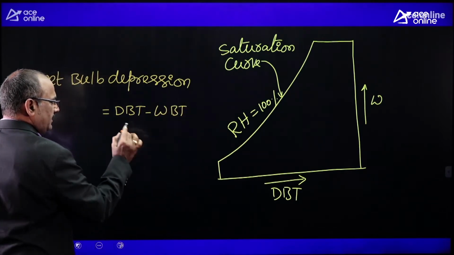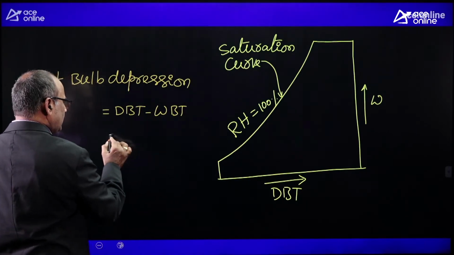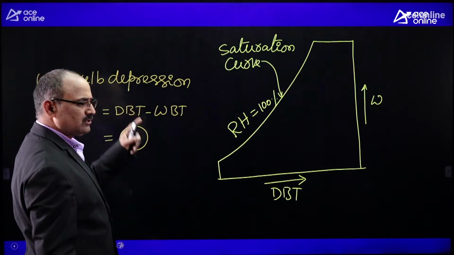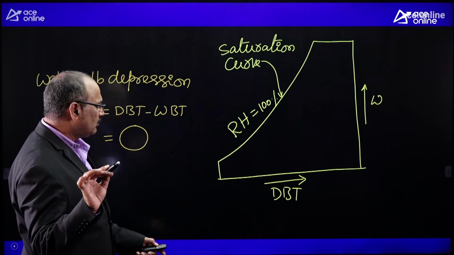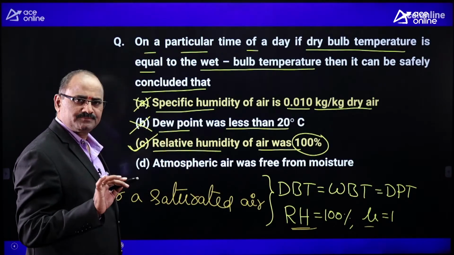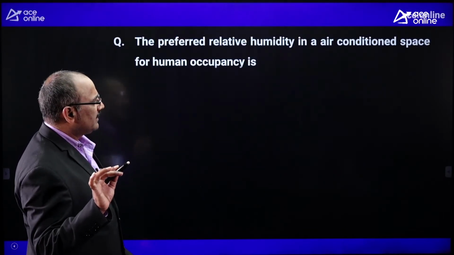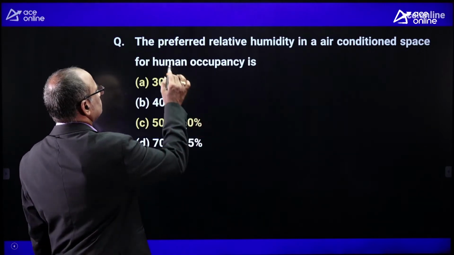For saturated air, since dry bulb temperature and wet bulb temperature both are identical, therefore wet bulb depression is 0 for saturated air. Okay? Anyhow, the option C is absolutely correct. Similarly, look at another important question. Try to read it clearly.